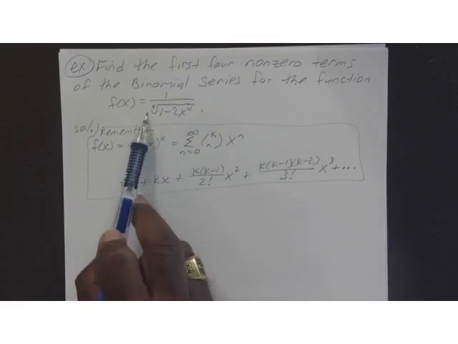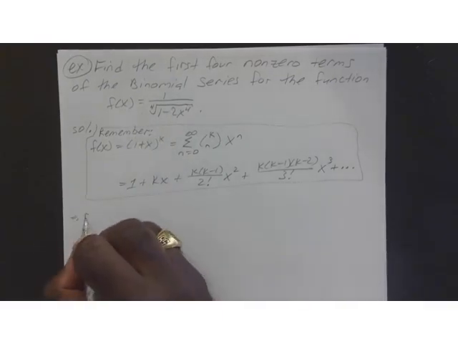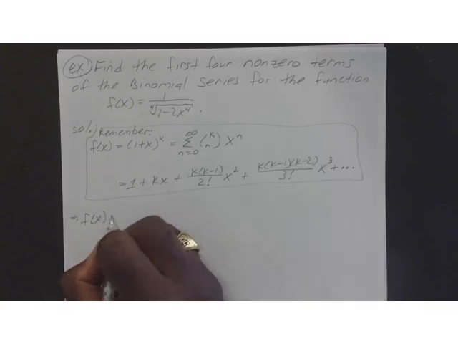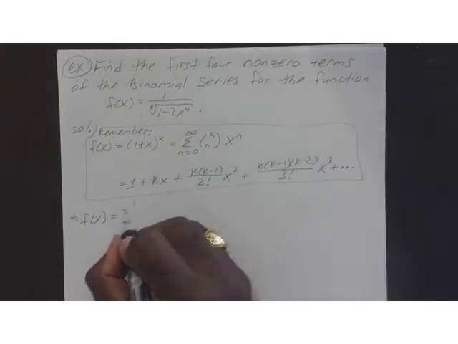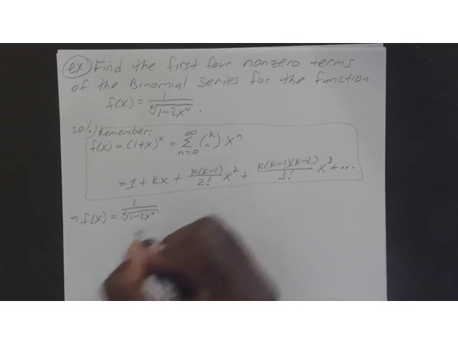Okay, so let's look at our f of x. Okay, so we have f of x is equal to 1 divided by the fourth root of 1 minus 2x to the fourth power.